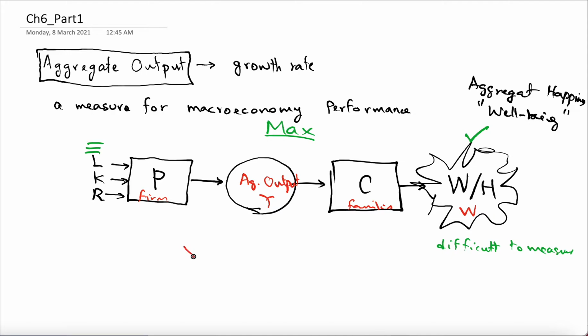So we would say that W is a function of Y, and the coefficient is positive. So the more of this is leading to more happiness. But it is measurable because we know the commodities produced by the firms. We see the magnitude of the production. So we better find a measure for aggregate output.